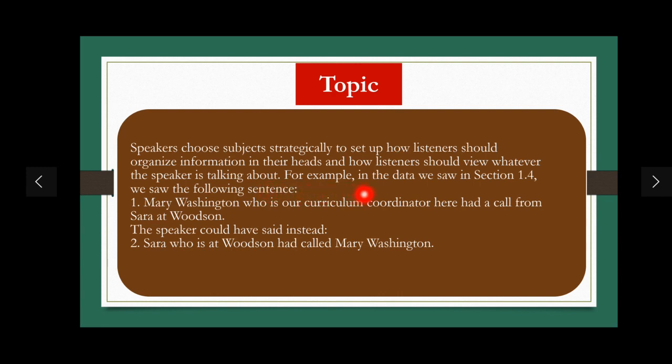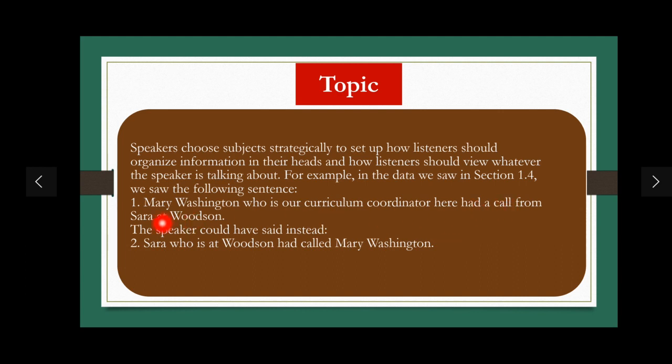For example, in the data we saw in section 1.4, we saw the following sentences. "Mary Washington, who is our curriculum coordinator here, had a call from Sarah at Woodson." The speaker could have said instead, "Sarah, who is at Woodson, had called Mary Washington."